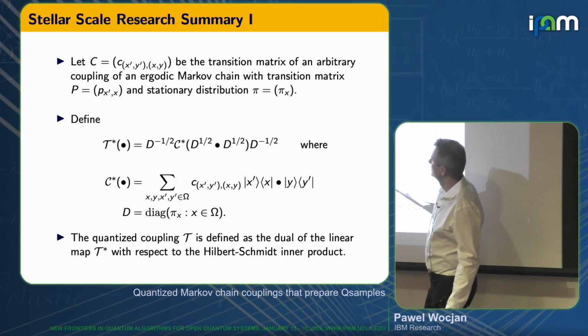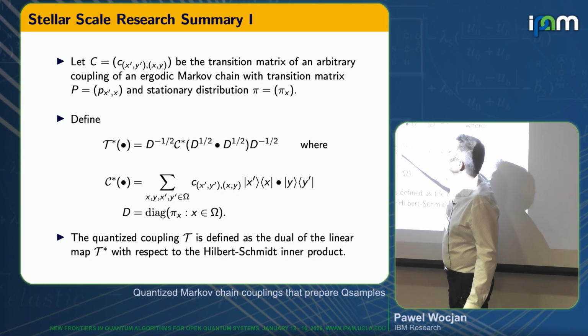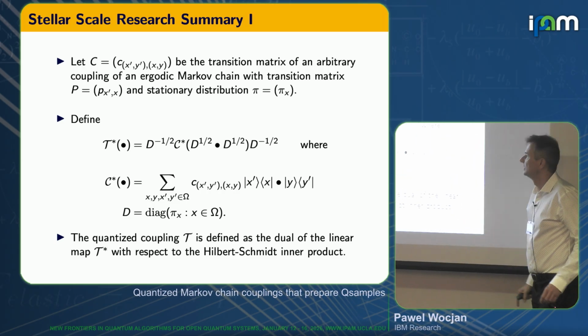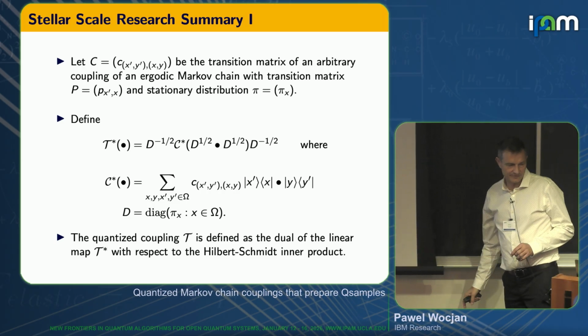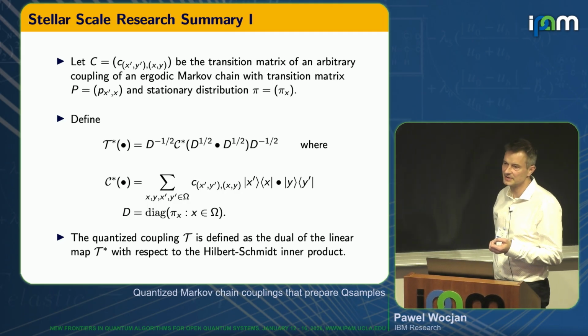Then once this map C star has acted upon this, you hit it from the left and right with the inverse square root, and so this is a similarity transformation.